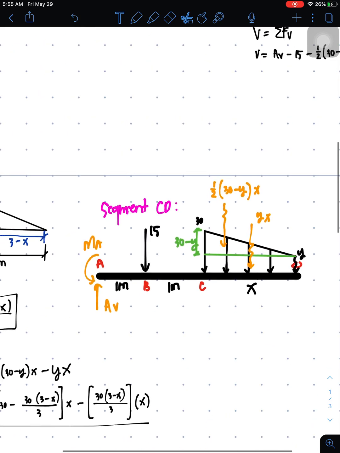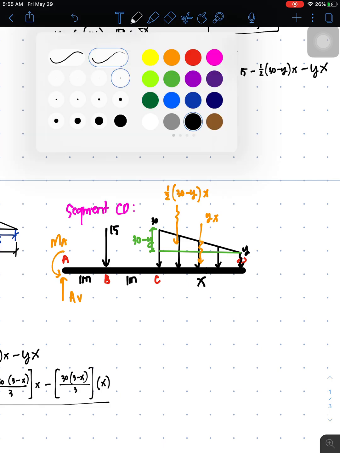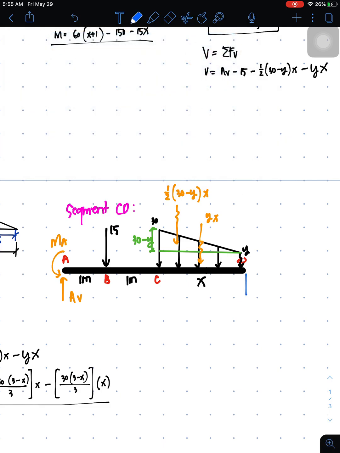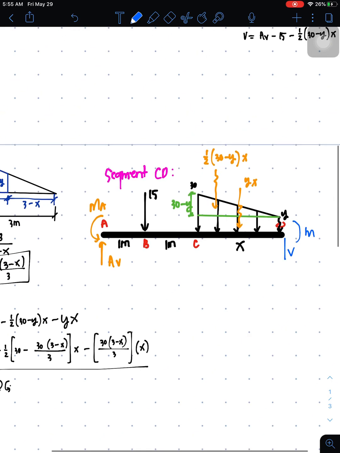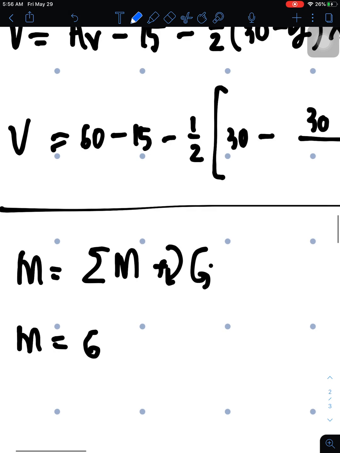Okay. So we need the shear and moment. Now this is the shear and this is the moment. So I'm looking at AV and that it's going to rotate about this point here at point of cutting with AV times 2 plus x or x plus 2. So this is 60 times x plus 2.